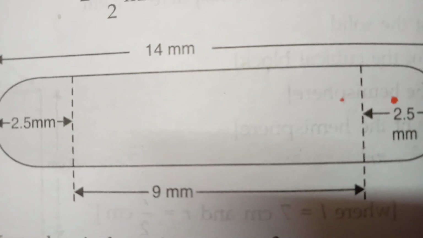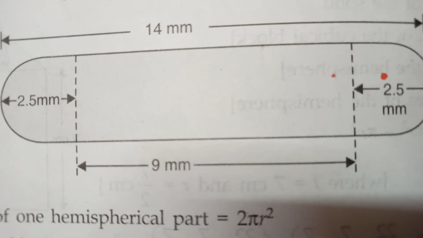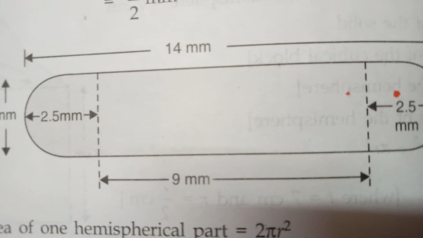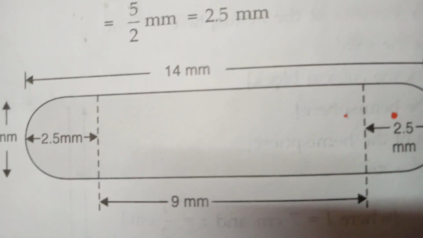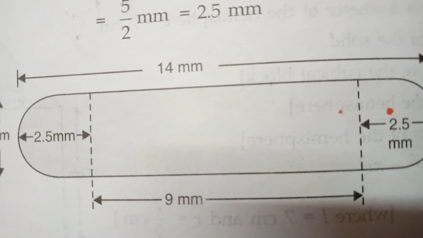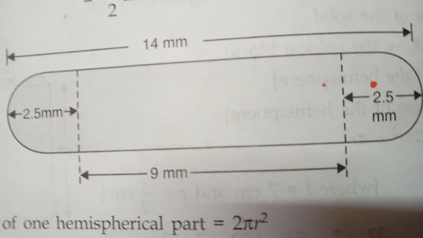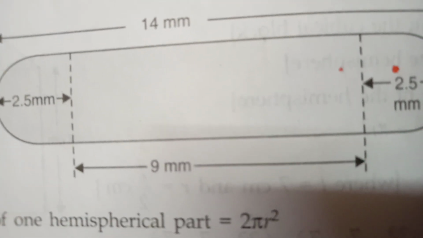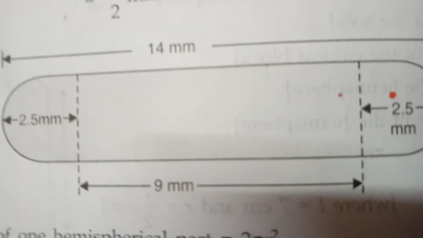Now we are seeing the figure. The capsule is in the shape of a cylinder with hemispheres stuck at the two ends. The total length is 14 millimeters and the diameter of the capsule is given as 5 millimeters. First we divide the hemispherical ends, and between them we can see the cylindrical portion.